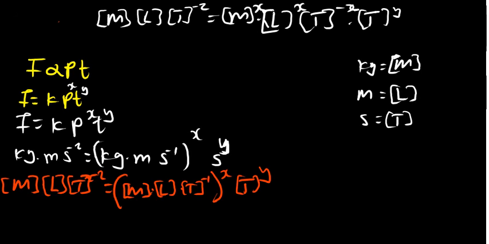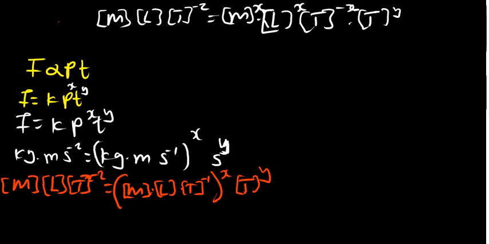So you can just get rid of this. Now from there we can see that the mass and length are raised to the power 1. Let me rewrite this. So we have M^1 L^1 T^-2 has to be equal to.